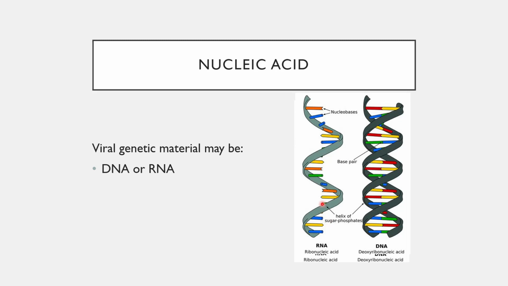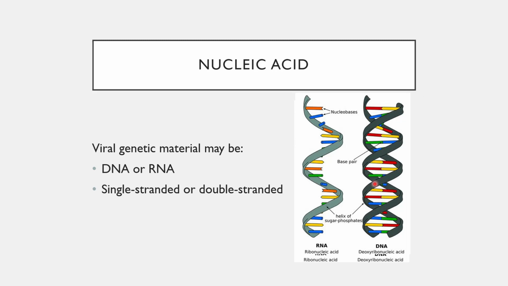Nucleic acids can also be single-stranded or double-stranded. We previously learned that RNA tends to be single-stranded and DNA double-stranded in cellular organisms. But in viruses, you can have single-stranded DNA or you can have double-stranded RNA.